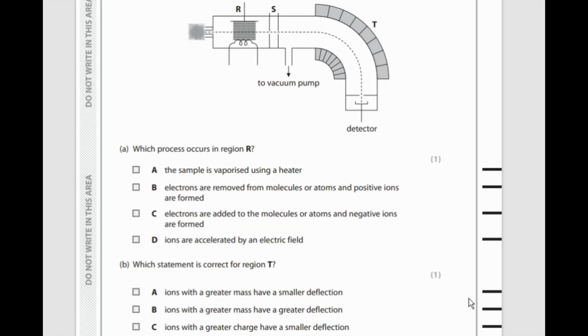The diagram shows a mass spectrometer. Which process occurs in the region R? Region R, we have electrons are removed from the molecules or atoms, and positive ions are formed. This is where collision of atoms and the electrons occurs, what we call the ionization chamber.